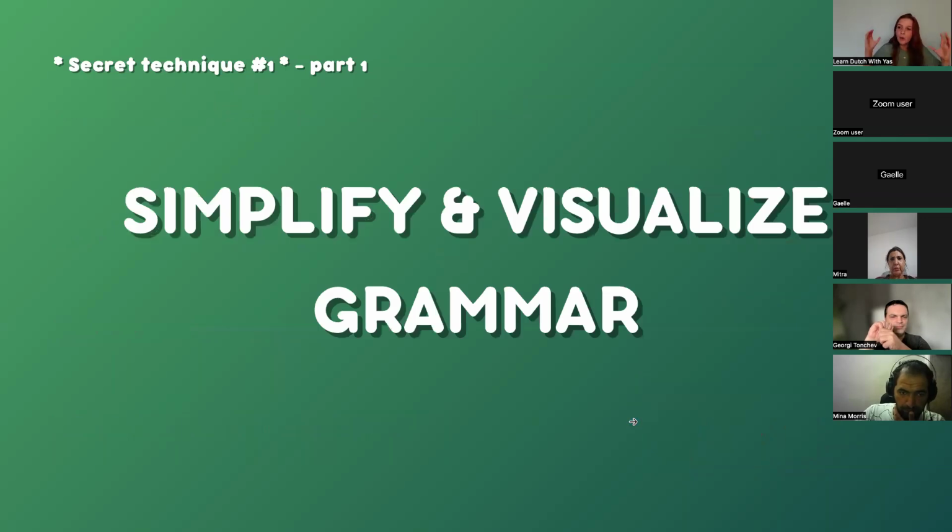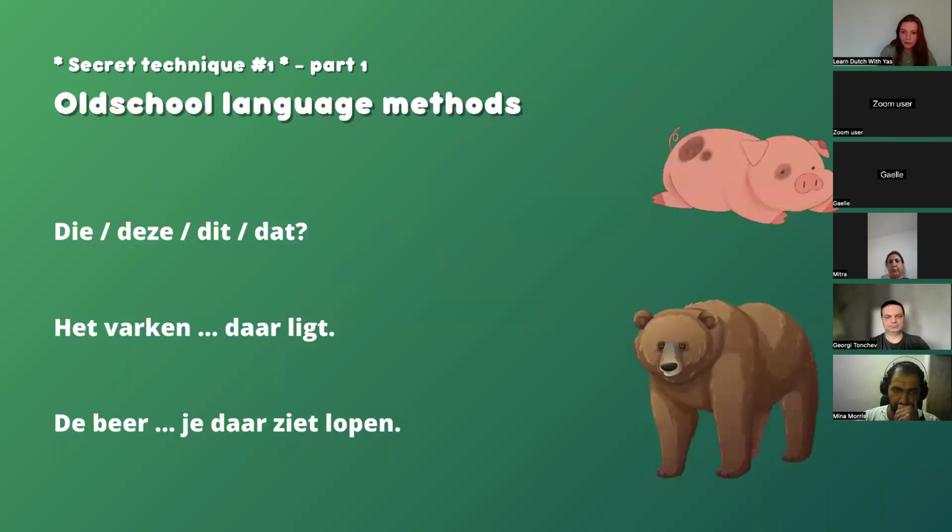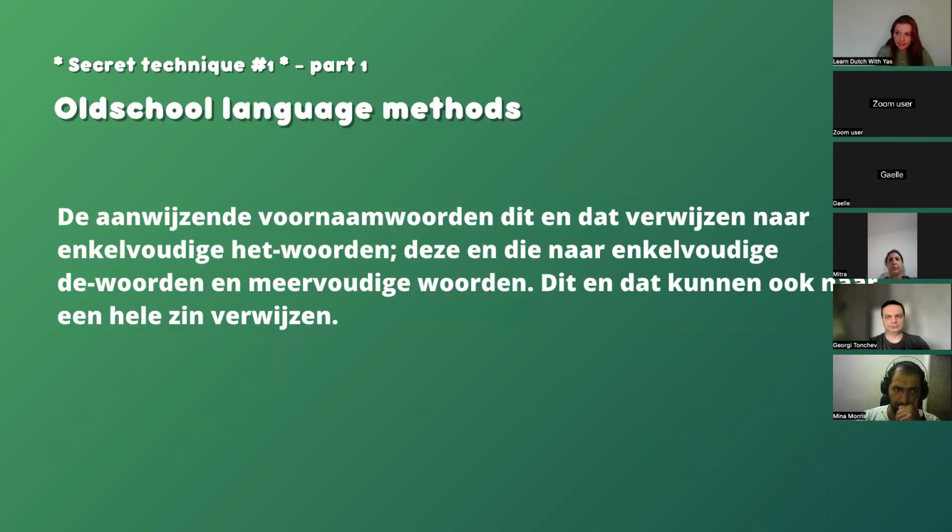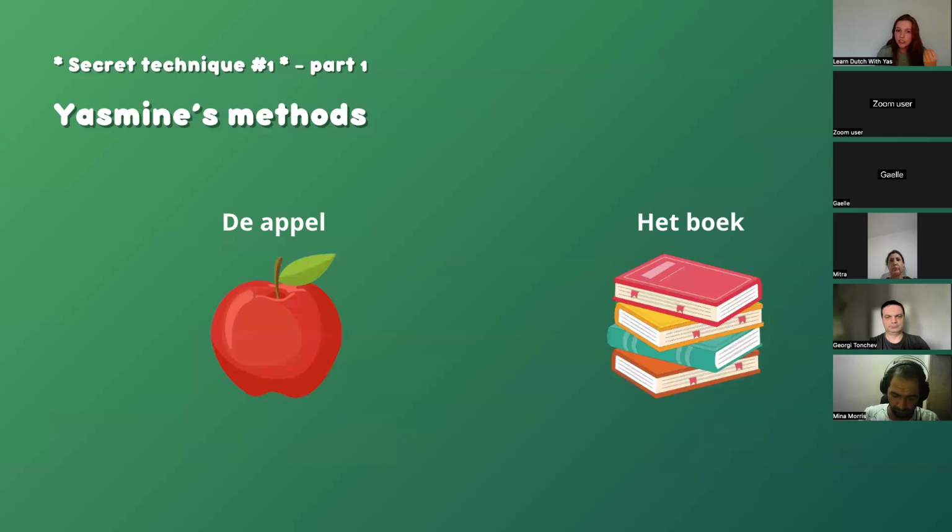Okay. So what I would say for students that, for example, are at an A1 and an A2 level or haven't learned these rules before is to simplify and visualize your grammar. So what do I mean with that? Instead of giving you a long text like this, we're going to change grammar learning to more visualized and simplified grammar learning.